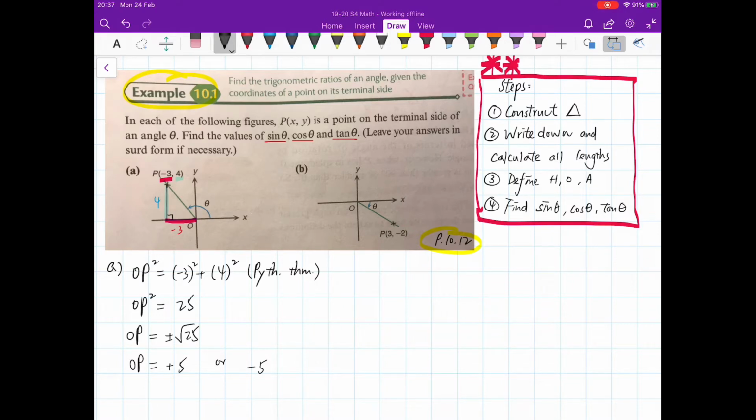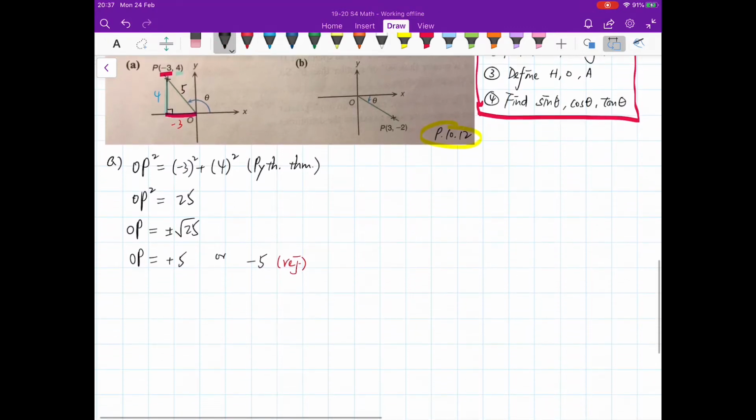So please be reminded that for the hypotenuse, that means OP, it must be positive in value. So therefore, the -5 has to be rejected. So we know that the length of OP is 5.